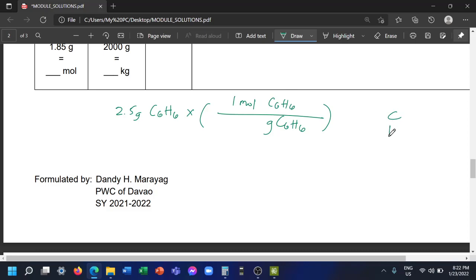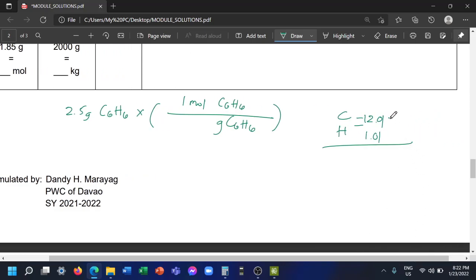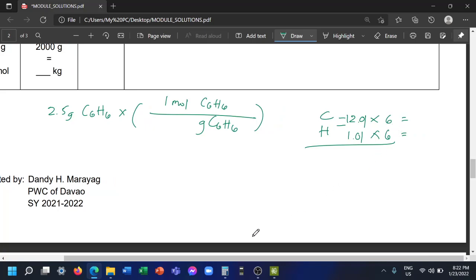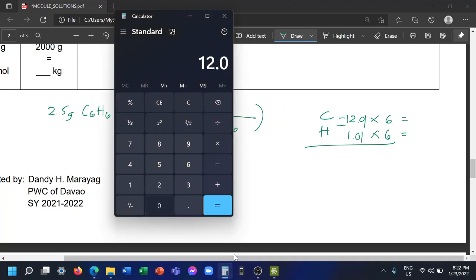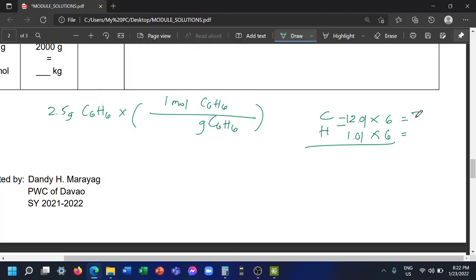That's carbon, then hydrogen. For carbon, that's 12.01. For hydrogen, that's 1.01. And then we have 6 carbons and 6 hydrogens. Here, 12.01 times 6 is 72.06.